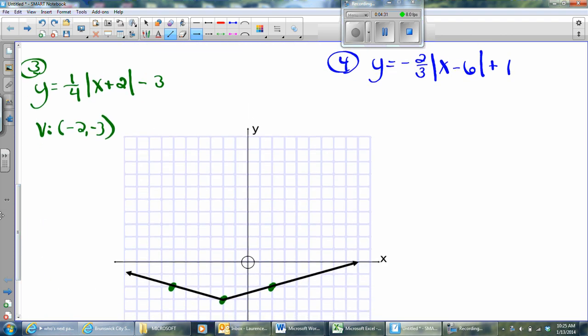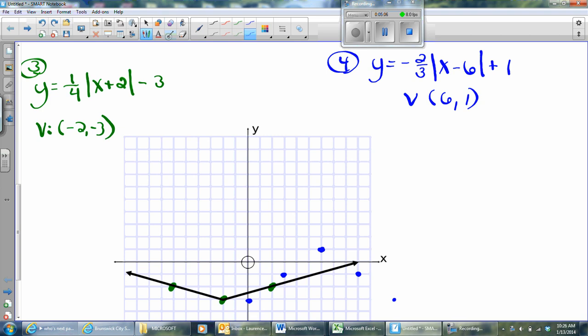Okay, now if a negative 2/3, it's going to get wider, and it's also going to be upside down, right? So the vertex is going to be at 6, 1. 1, 2, 3, 4, 5, 6, 1. And then I'm going to go down 1, 2, and over 1, 2, 3. Down 2, over 3.